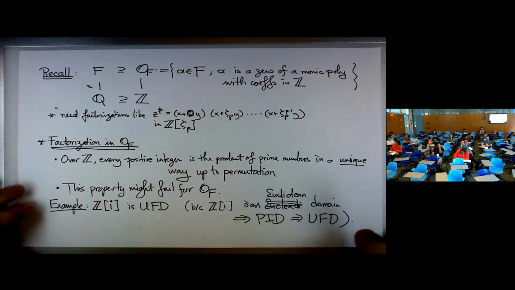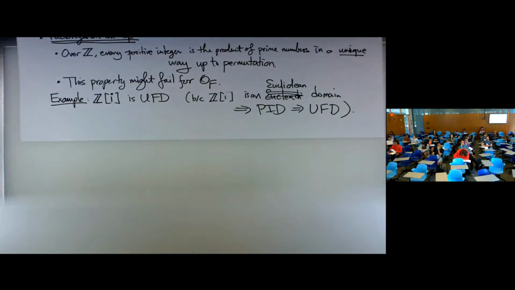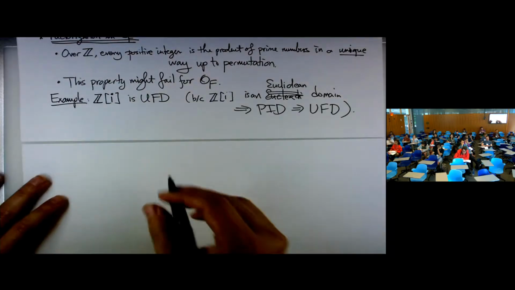But let's make it more explicit what the factorization is like in Z[i]. I think this is the first example of the ring of integers of a number field, and we should understand it by all means.